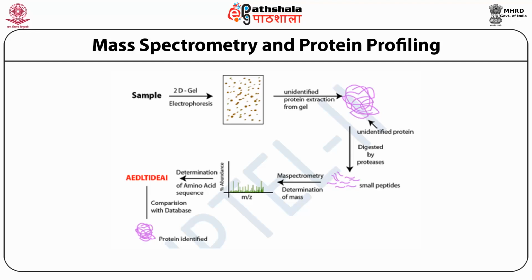After the determination of the amino acid sequence from the peptide mass fingerprint, we can compare these sequences with the databases, such as UniProt, to which sequences have already been submitted, and from there we can identify our unidentified proteins and also know their functions which have already been submitted in the databases.